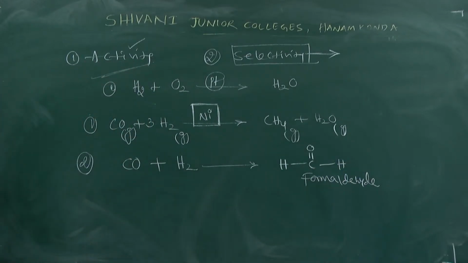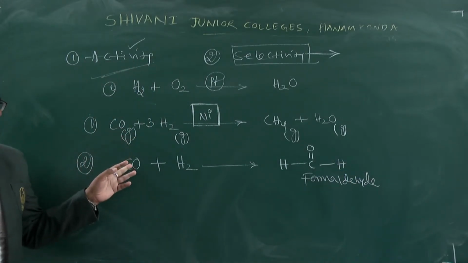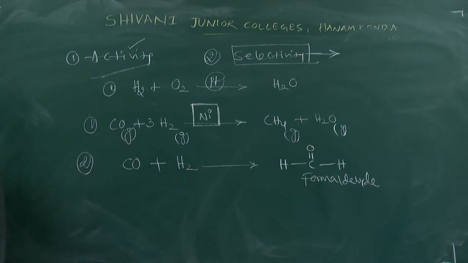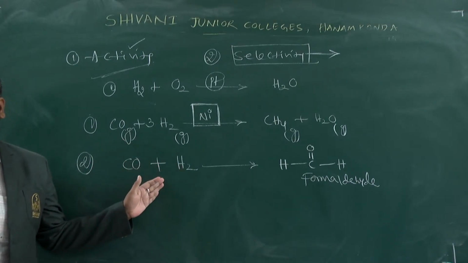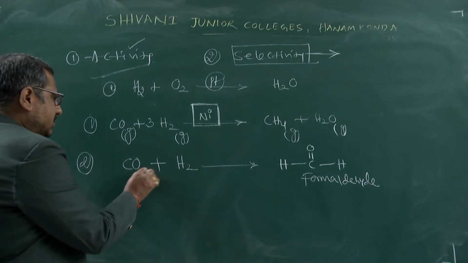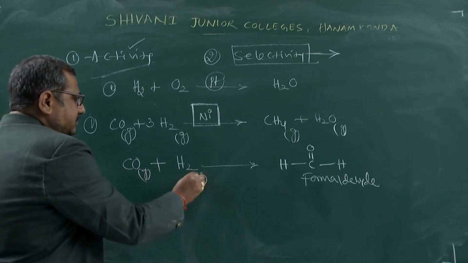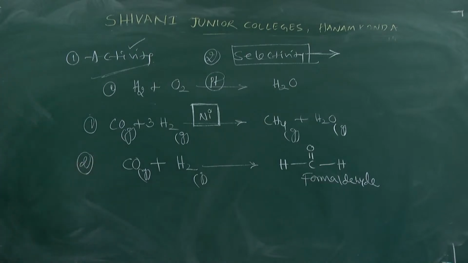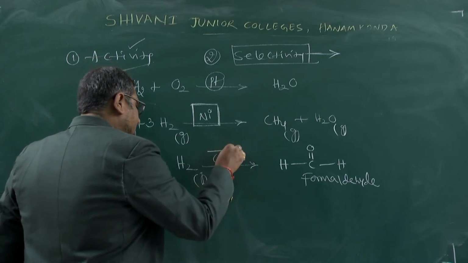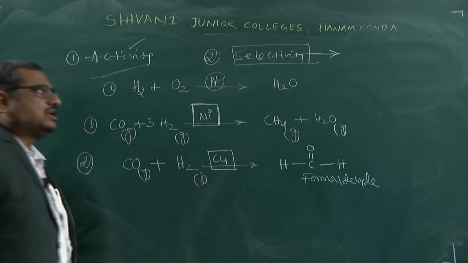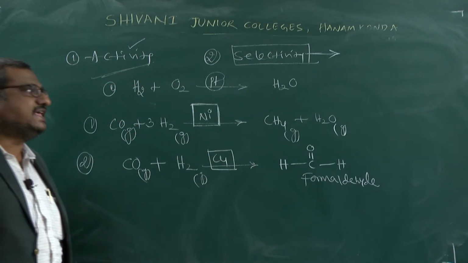The reacting molecules are carbon monoxide gas and hydrogen, which is also gaseous. These materials react with each other to form formaldehyde. This reaction takes place with copper as the catalyst.